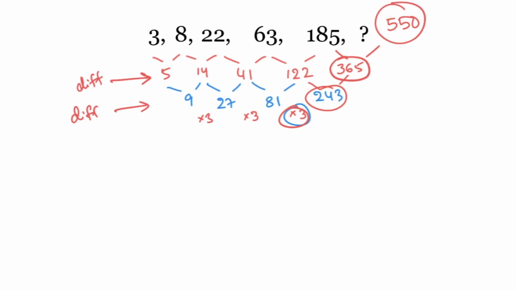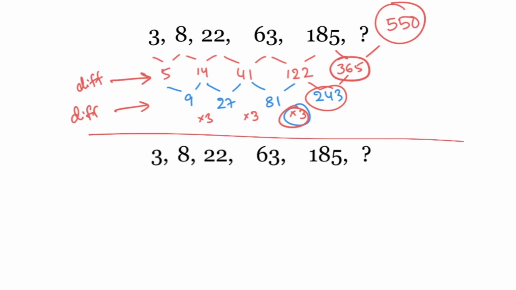Or second method, 3, 8, 22, 63, 185. 3 into 3, 9 minus 1 is 8. 8 into 3, 24 minus 2 is 22. 22 into 3, 66 minus 3 is 63. 63 into 3, that is 189. 189 minus 4 is 185.